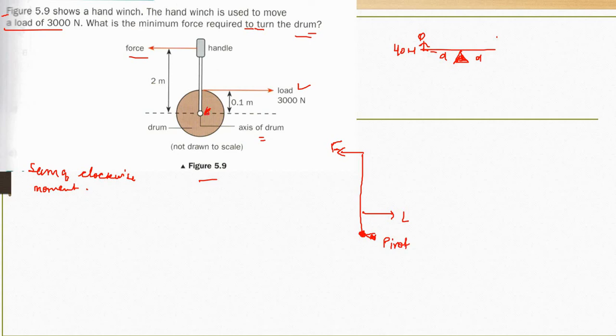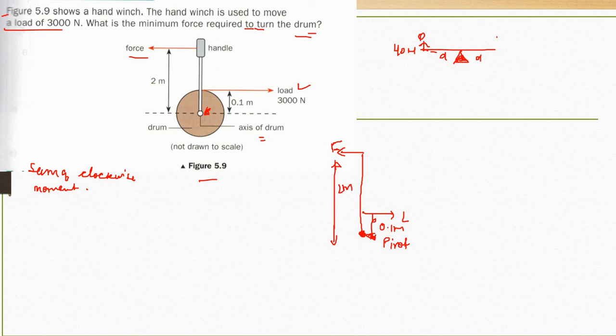If you have to think about this distance, it is 0.1 meter. And if this is the pivot point, and they have already given you the distance from the pivot side, you have around 2 meter from this data.